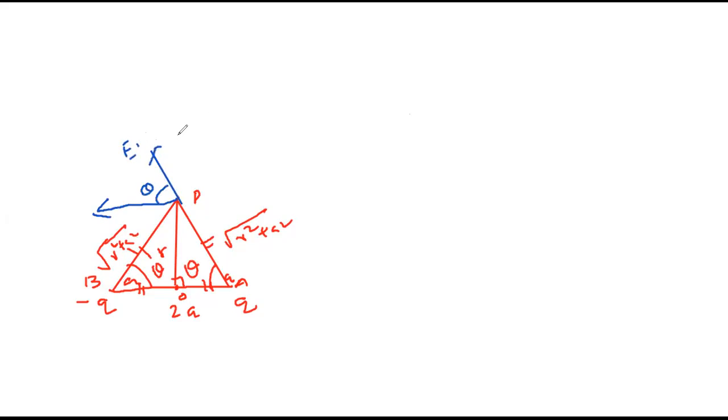This is theta. So E1 can be resolved into two components, E1 sin theta and E1 cos theta. Similarly, the intensity due to the negative charge will be E2. This is theta. So this is E2 sin theta, and here it is E2 cos theta.